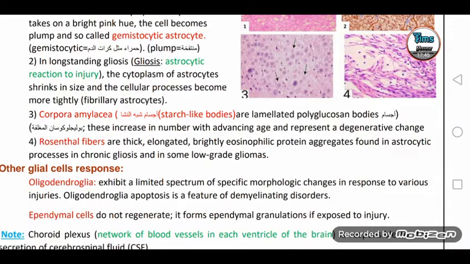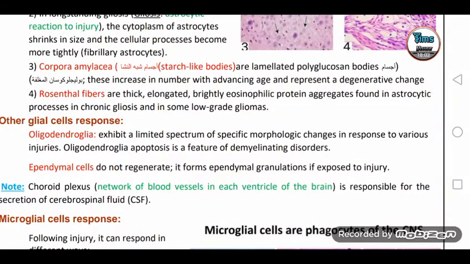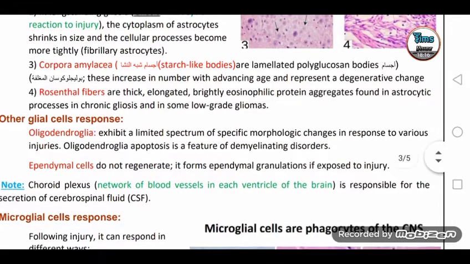Whenever you have a low-grade glioma or chronic gliosis, at these stages, you can observe the Rosenthal fibers in the astrocytic processes. And the corpora amylacea are starch-like, lamellated polyglucosan bodies that can be observed in any degenerative change in the brain or the central nervous system in general.